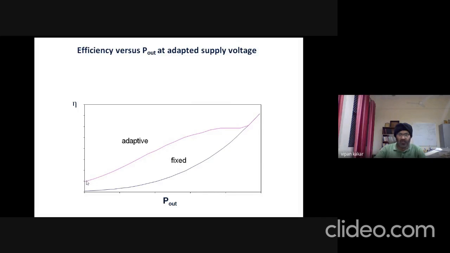But if we connect it through a DC to DC converter, the losses are less compared to this. You can see the difference because efficiency is increased, so it means losses are decreased. So in standby, the wastage of battery is avoided, at all levels of loads.